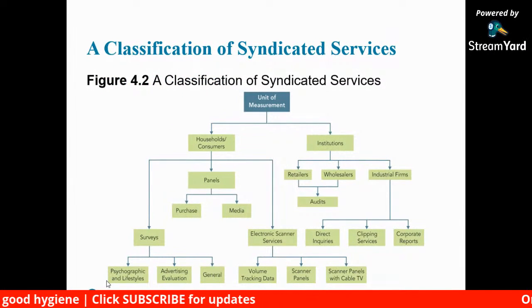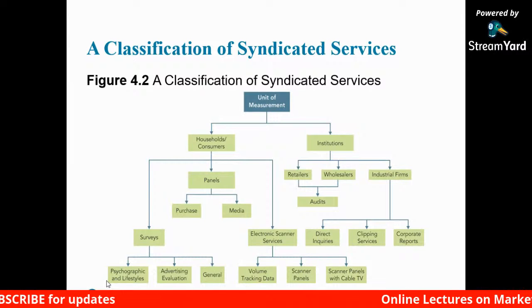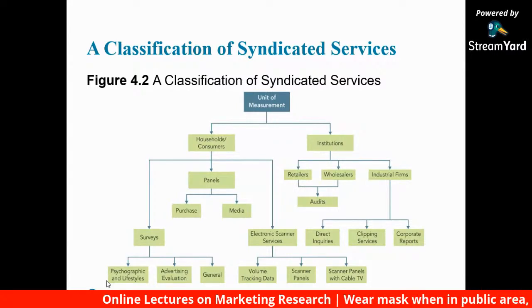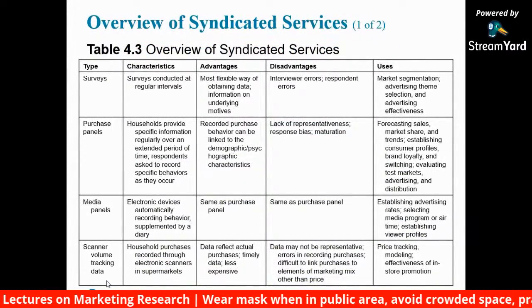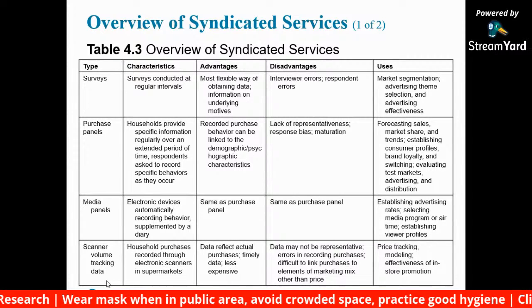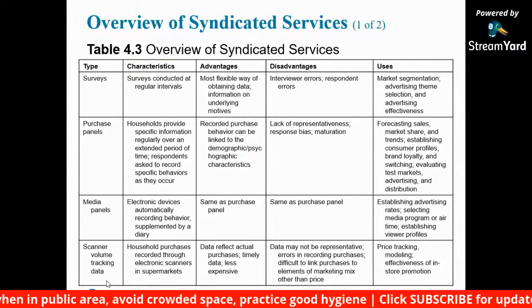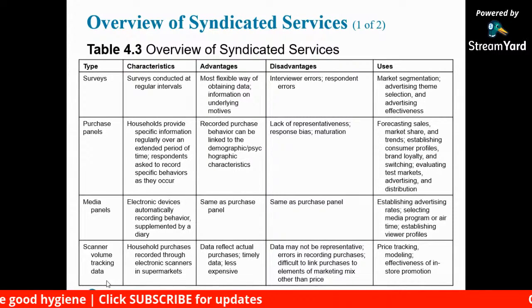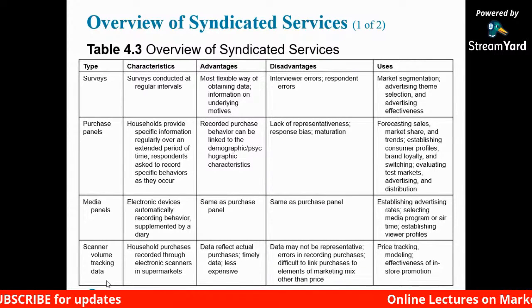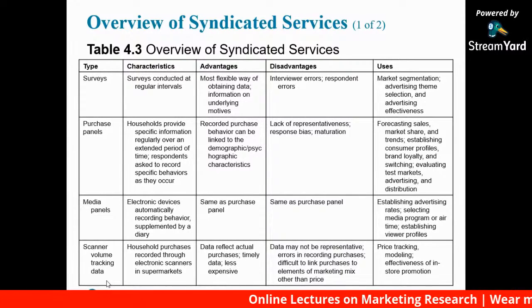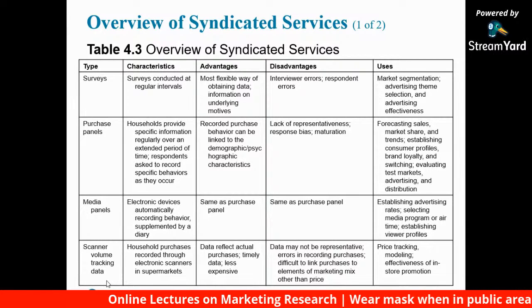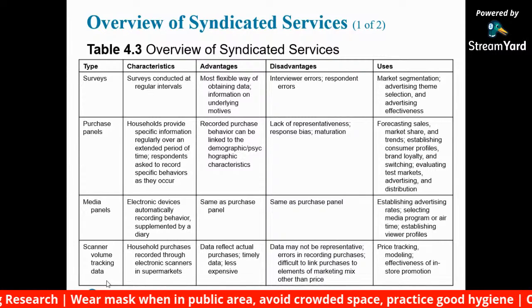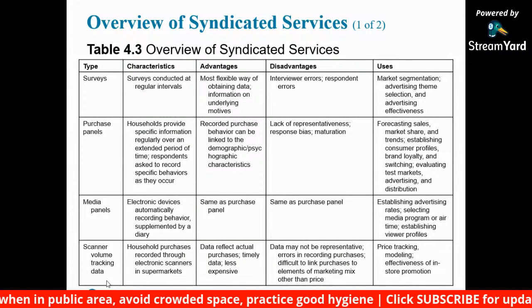This is the classification of syndicated services, either for household or institution. So this is an overview of syndicated services. We take one as an example: surveys conducted at regular intervals, maybe every 6 months, a more flexible way of obtaining information on underlying motives. What are the disadvantages of this type of syndicated service?